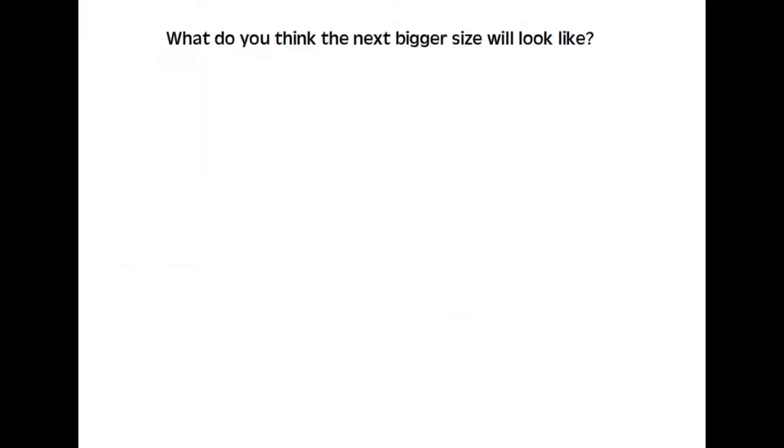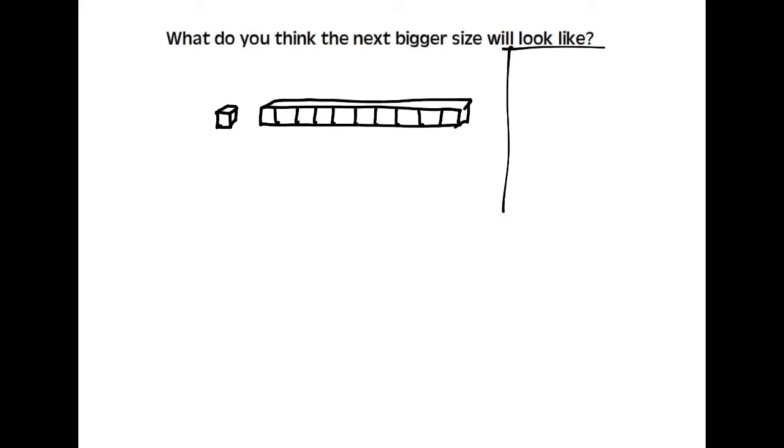So I mentioned they get bigger, right? So what would the next bigger size look like? If our ones were squares, little tiny ones, and then our next one were 10 squares, I'm going to put it on its side just because I have more space to write this way. I think that's 10. And then the great big one was the big square, and I'm not going to go any farther than that. So what comes next?